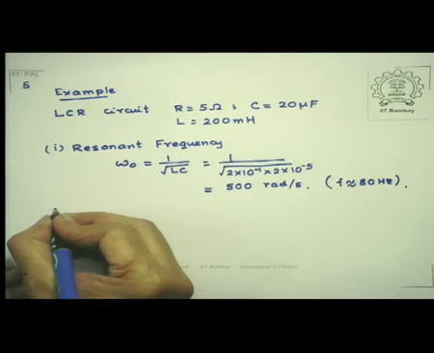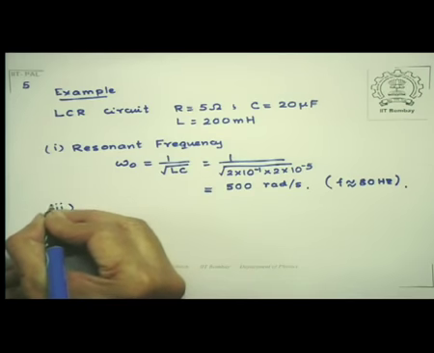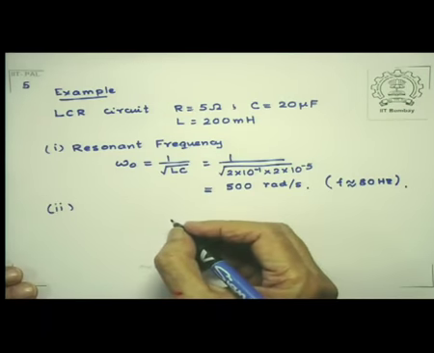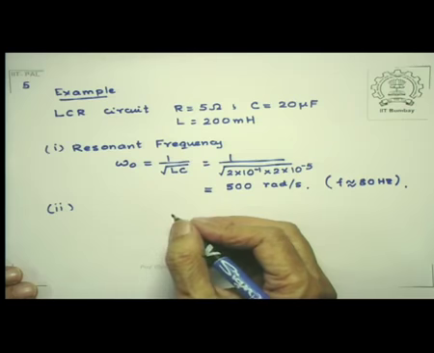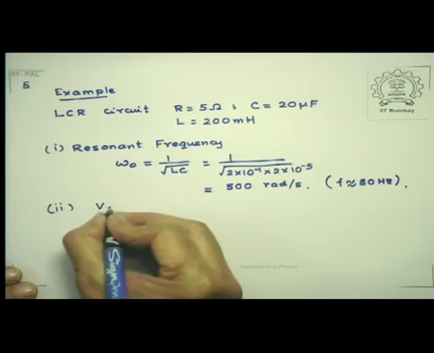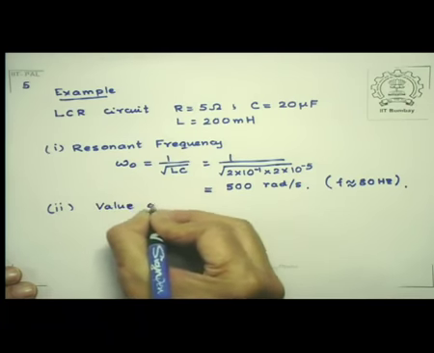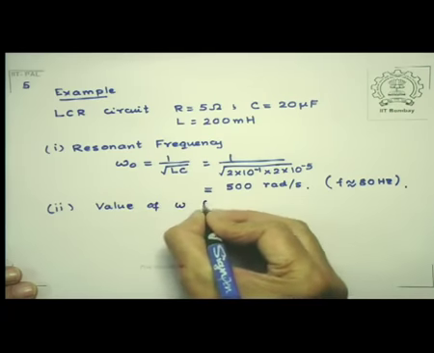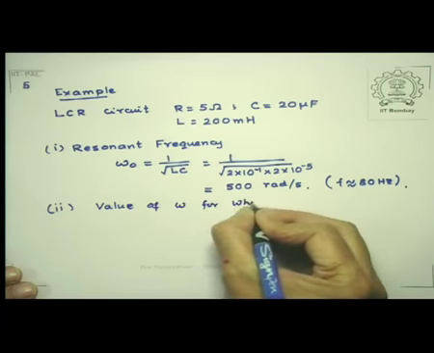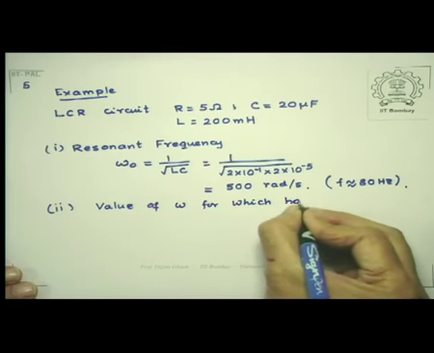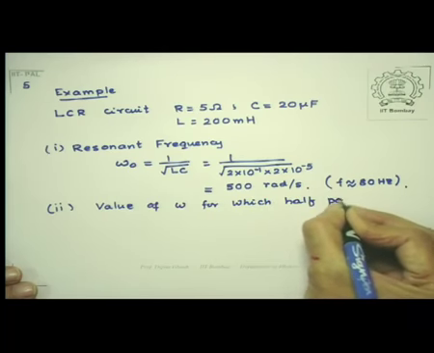Now next, what is the value of omega for which half power maximum occurs?